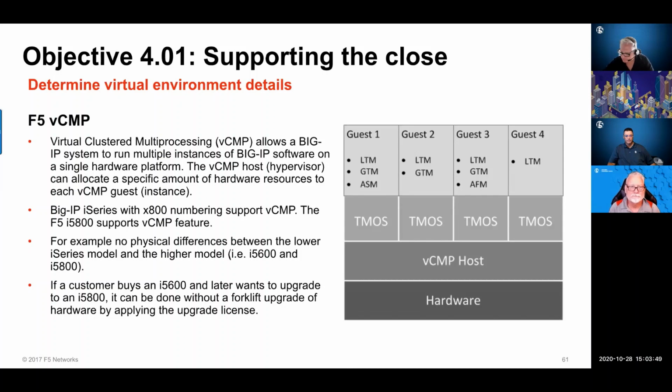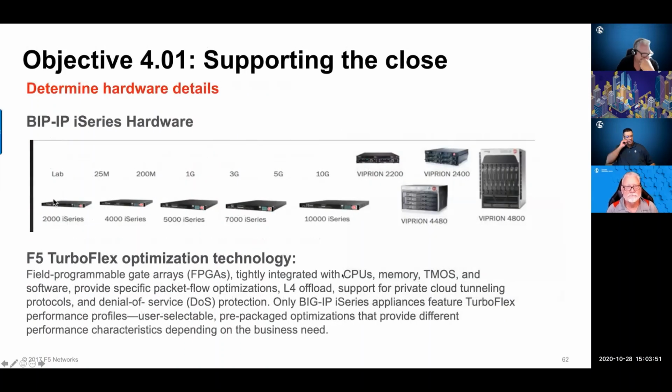Exactly. And again, one thing I wanted to show you on the F5 site, and I think I put the link in here, go out and look for the data sheets. There's a 4 or 5 page data sheet that shows you every physical appliance and what their transactions per second are, how much bandwidth they do and all that. Definitely download that and look at it, memorize some of those numbers, right?